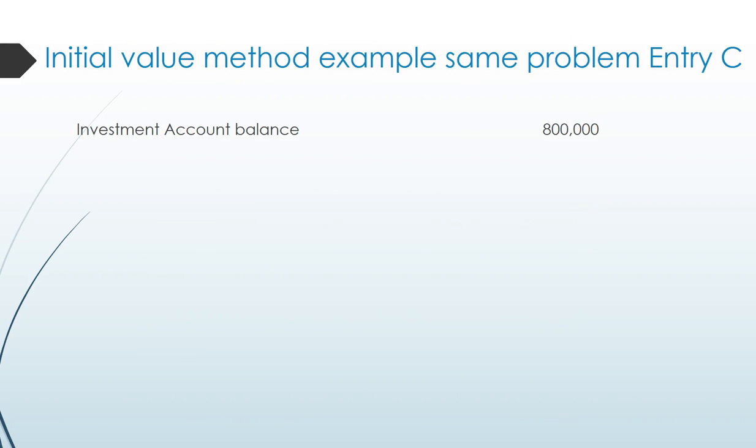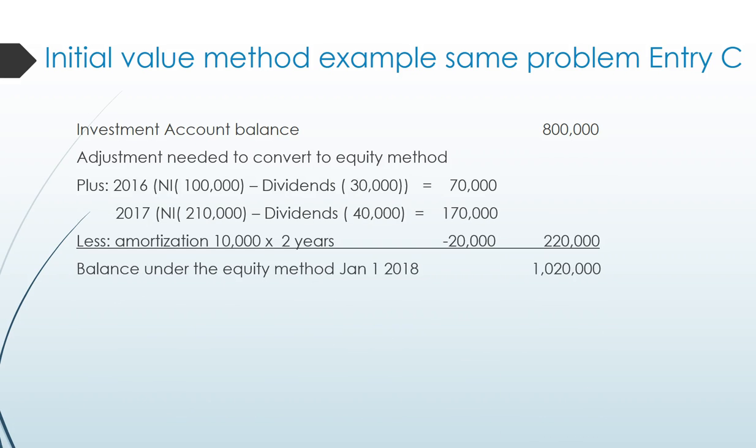Now, here's what we would do: we'd first look at how we come up with the adjustment. This is what would appear on the parent's books, the $800,000. We have to adjust it to convert to the equity method. We would add net income minus dividends for 2016 and 2017, and then we would subtract amortization for 2 years.